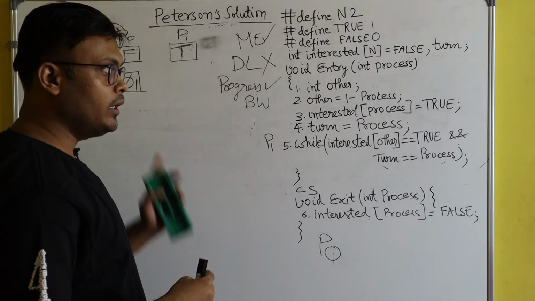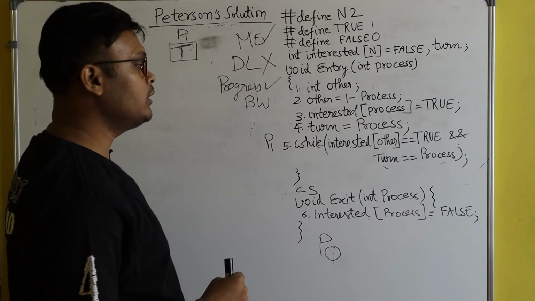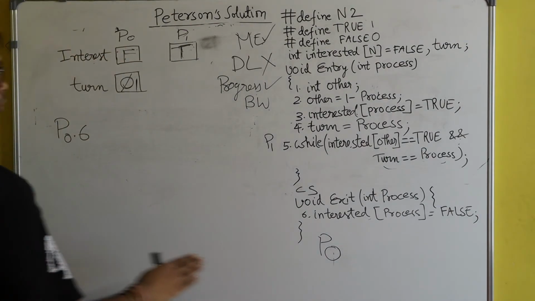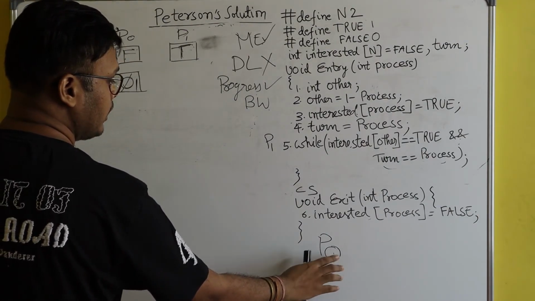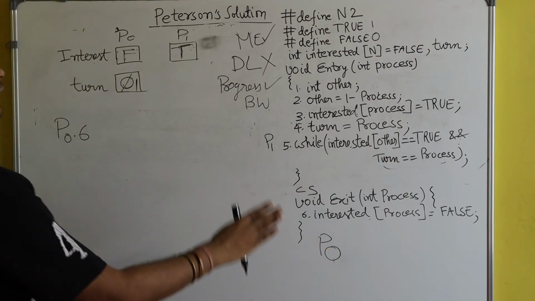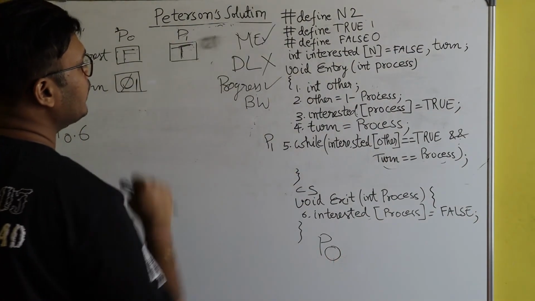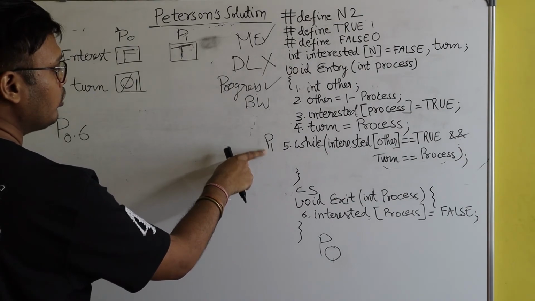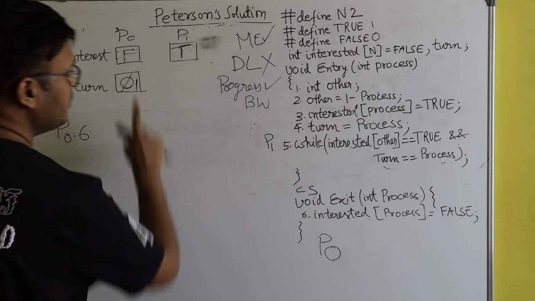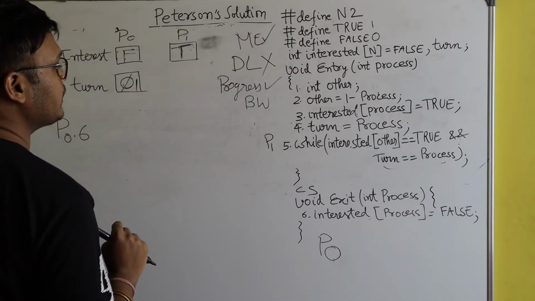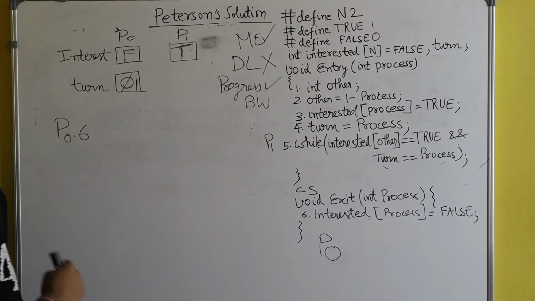So will it be possible in this case of Peterson's solution? Let's see. Suppose before P1 could enter, process P0 again wants to enter the critical section. Let's see if it is possible or not.